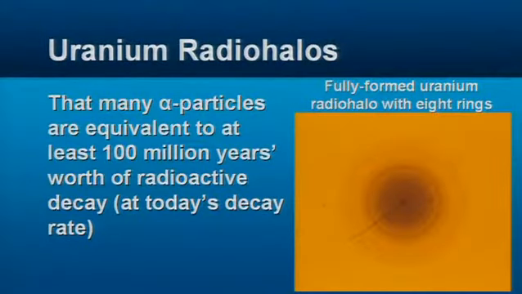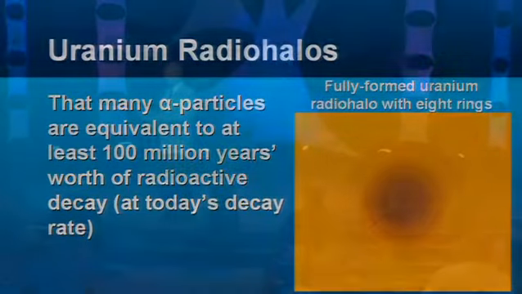So when you see one where the rings are blurred, you know you've had even more alpha particles than that. And 500 million to 1 billion alpha particles is equivalent to 100 million years worth of radioactive decay at the rate we measure today. Now, please don't misunderstand me on this point.